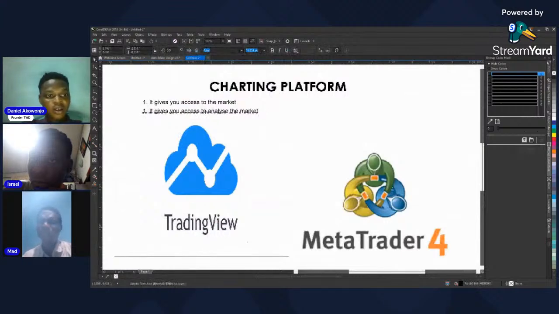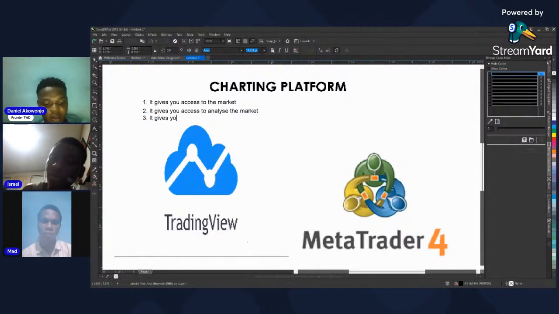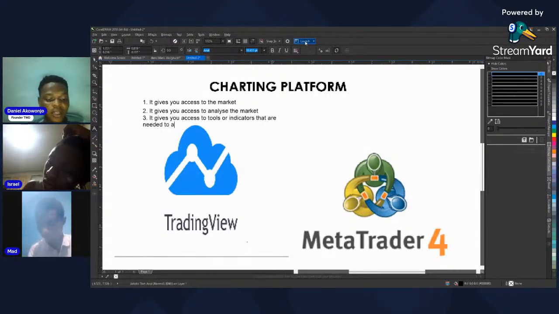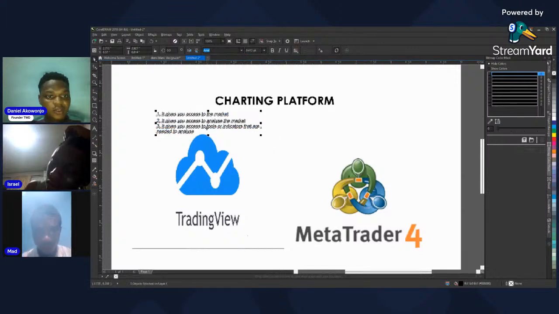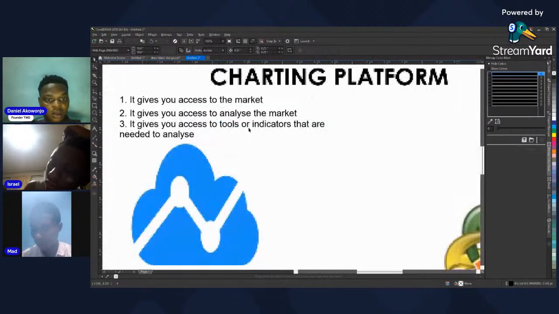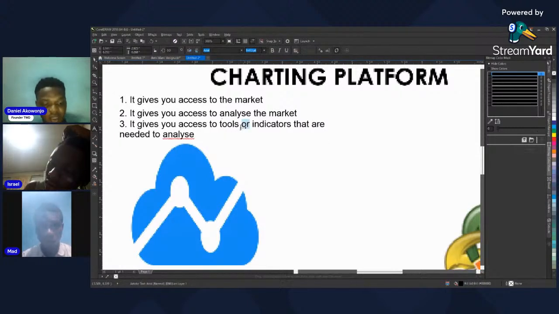Another thing it does, number three, it gives you access to tools or indicators that are needed to analyze the market.